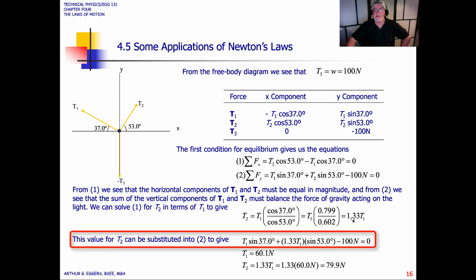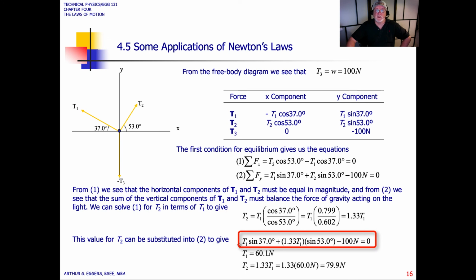Now we can take that value and substitute it for T2 in the other equation. So this value, T2, can be substituted into number 2 to give us this relationship. So wherever you see T2, substitute 1.33 times T1. And in doing this, we've got numbers, we've got everything here. The T2s are gone.